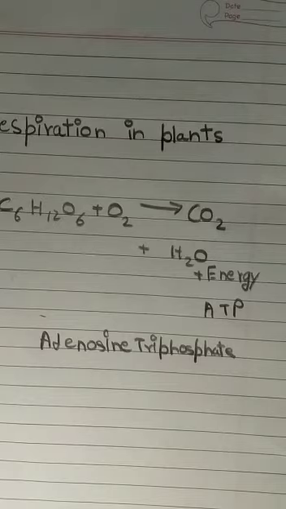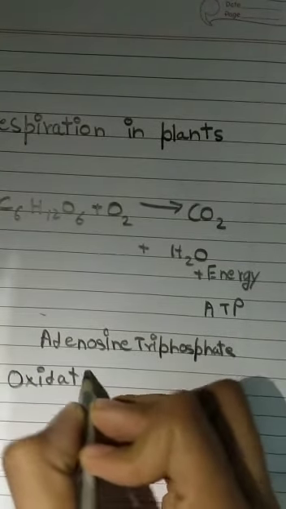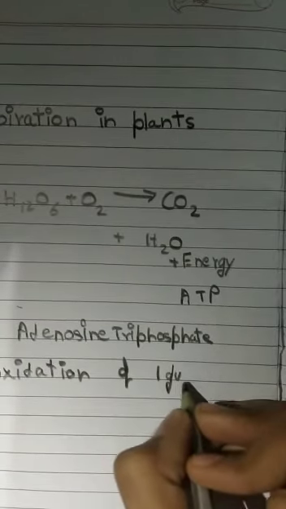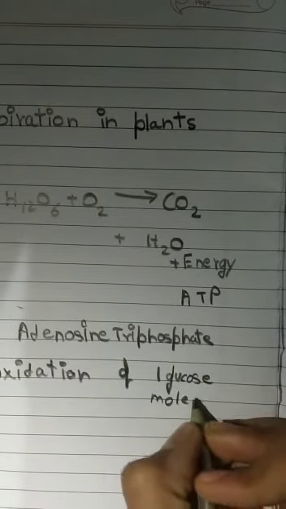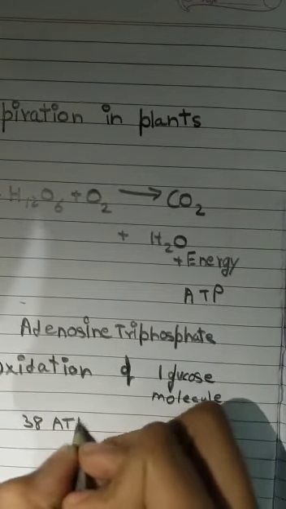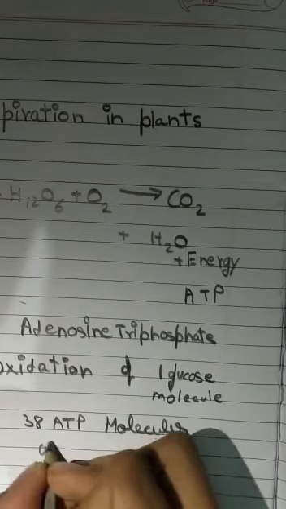So this energy stored in the form of ATP produces ATP molecules, and by the oxidation of one glucose molecule, 38 ATP molecules are formed.